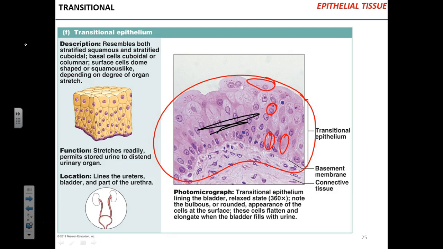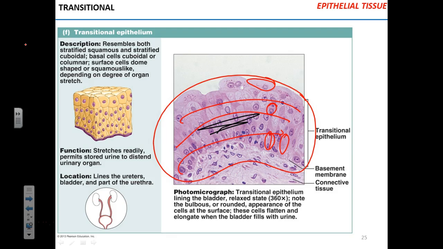So it looks a little like stratified squamous, but the difference is all cells are alive. Does that make sense? In transitional epithelium, you don't have clearly defined layers. Can you see the lack of clearly defined layers? Okay? I mean, there are layers, but they aren't really different.